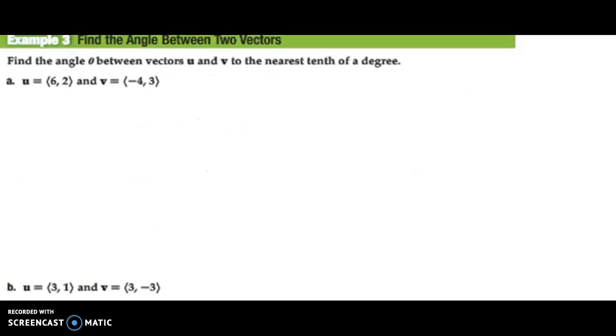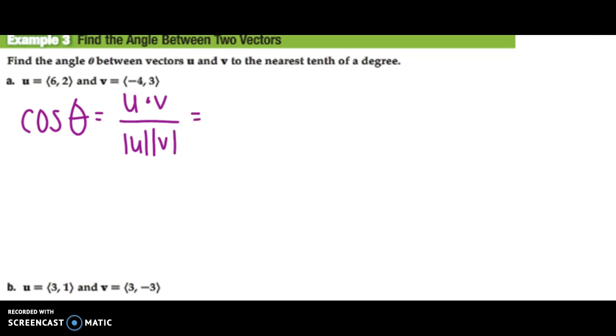So we need to find the angle theta between vectors u and v to the nearest tenth of a degree. So we go to our equation that we just looked at. Cosine of theta is equal to the dot product of u and v over the magnitudes of u and v.